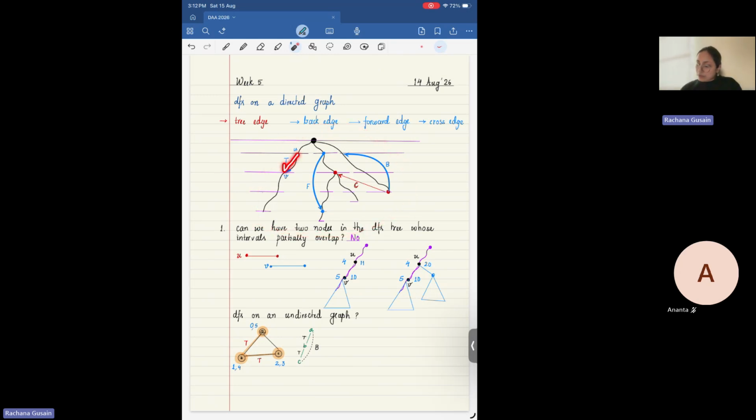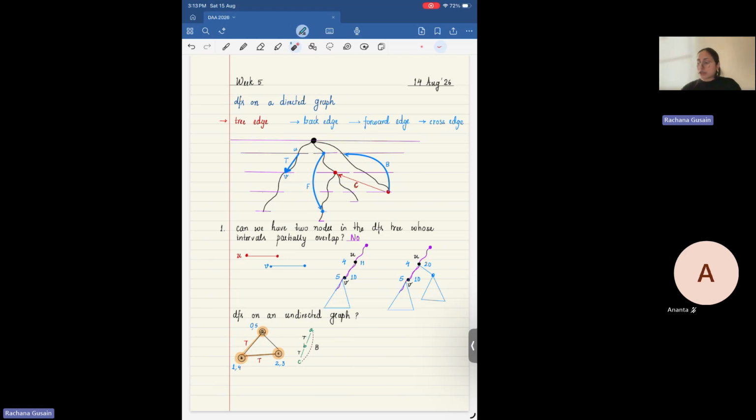If you look at a tree edge, it will lead me to a node with a lower finish time, because I have to finish this node first before I finish this node. So a tree edge is going to lead to a node with a lower finish time. Similarly, a forward edge is also going to lead to a node with a lower finish time because it's lying on a path from root to leaf node. They have an ancestor descendant relationship.